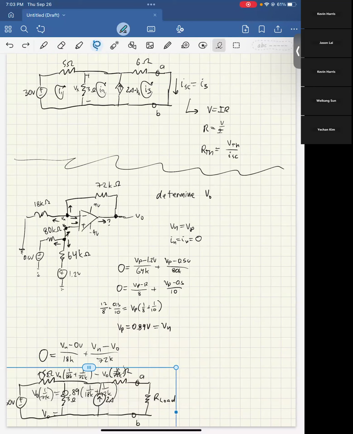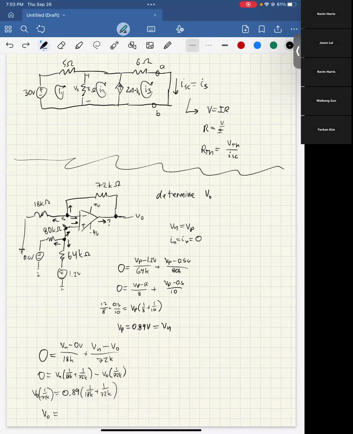It would have been faster to write it down again: 0.89 times 1 over 18K plus 1 over 72K, times 72K. And then you can just plug that into a calculator. You're going to end up getting that V out is 4.45 volts.